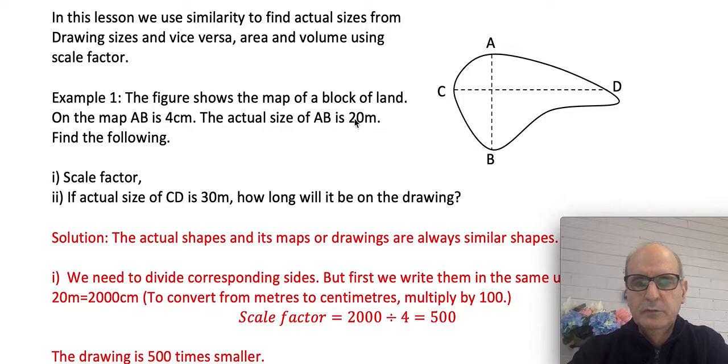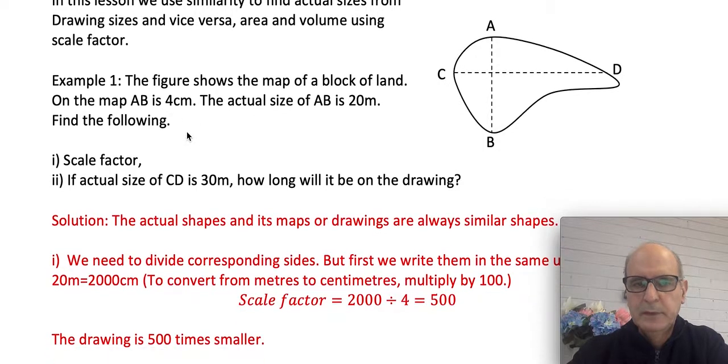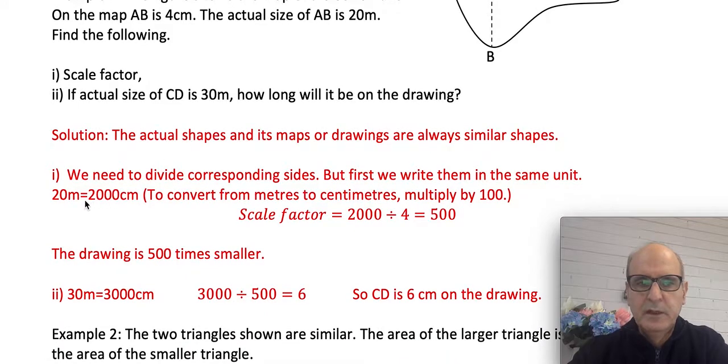So we need to divide the actual size by the size of that part in the drawing. But remember, this is in meters and this is in centimeters, so we have to make them the same unit. So 20 meters is 2000 centimeters. You multiply by 100 to change from meters to centimeters.